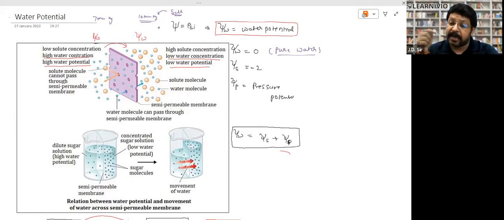And when we add the solute, the water potential has to go down, meaning the value will be negative. So one more thing, water potential can never be a positive value, never ever. Clear? Yes, sir.